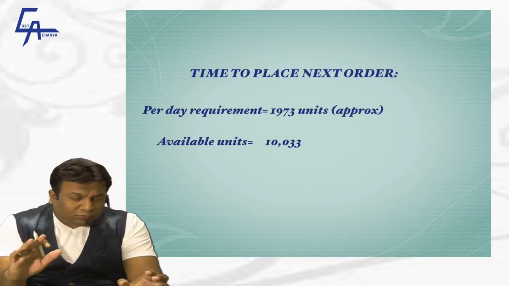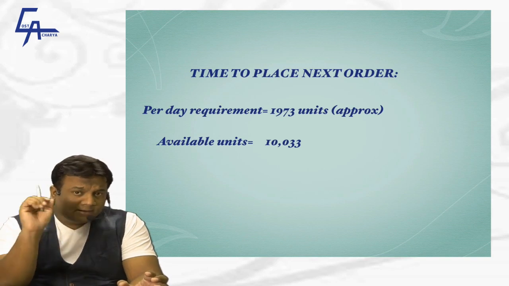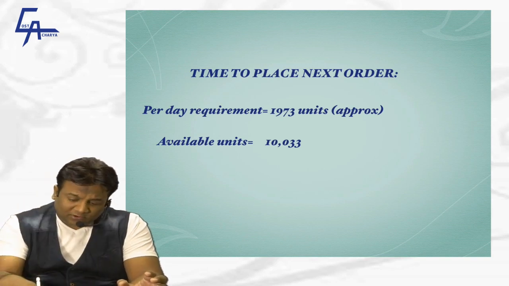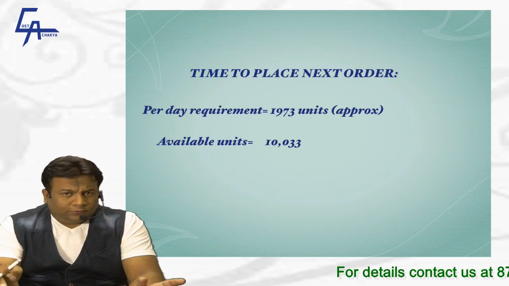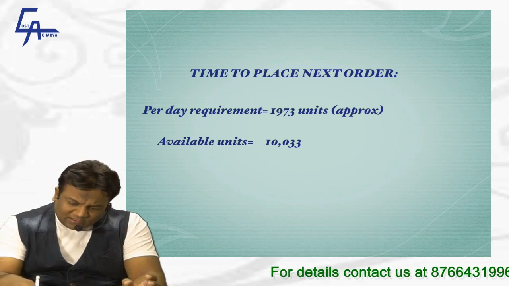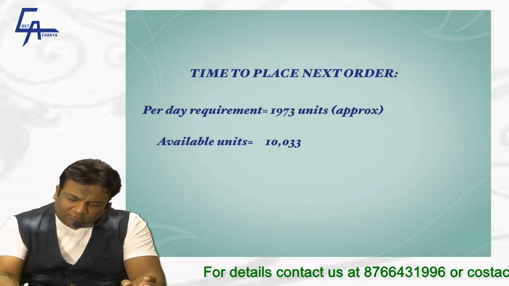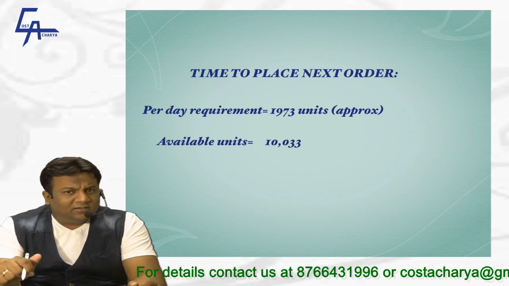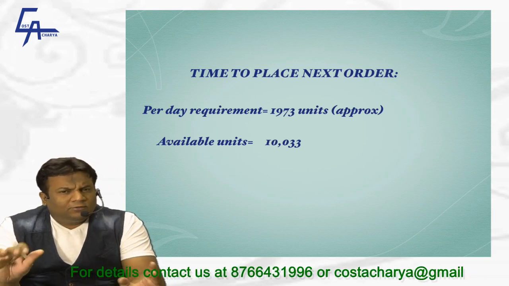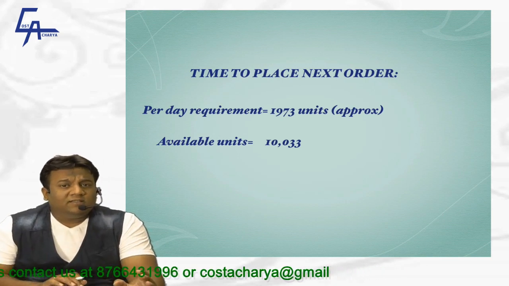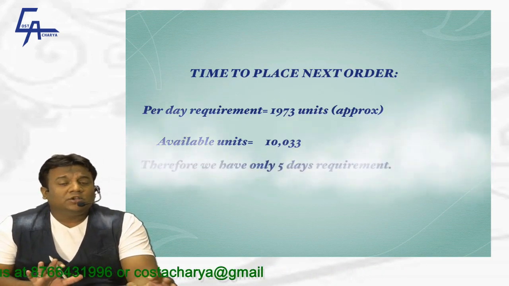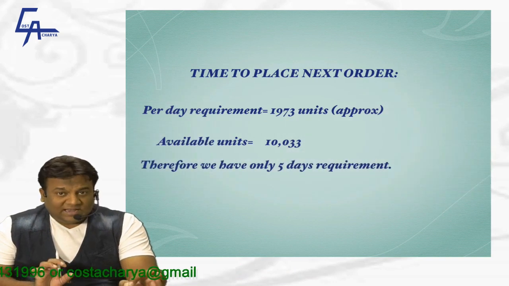Similarly, even if you took say 360 days, instead of 365, then 7,20,000 divided by 360 would have been 2,000. So 2,000, simply if 10,033 is divided by 2,000, the answer is 5.0165. So it's hardly making any difference. Basically what it says is you have the requirement of only 5 days.